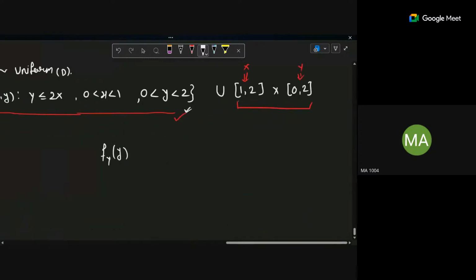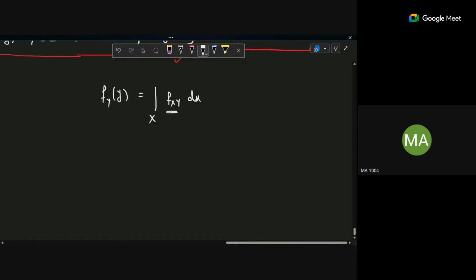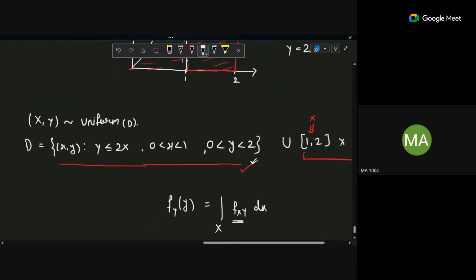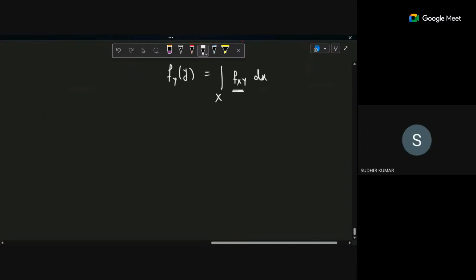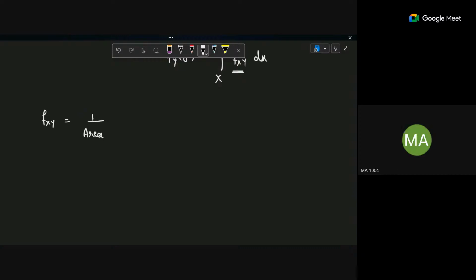Marginal density of y, anyone? Integral over x, f_XY dx, right? But do you know what your f_XY is? It was not given in the question, but it was given that (X, Y) was uniform on D. So you know that f_XY is 1 upon area of the shaded region.